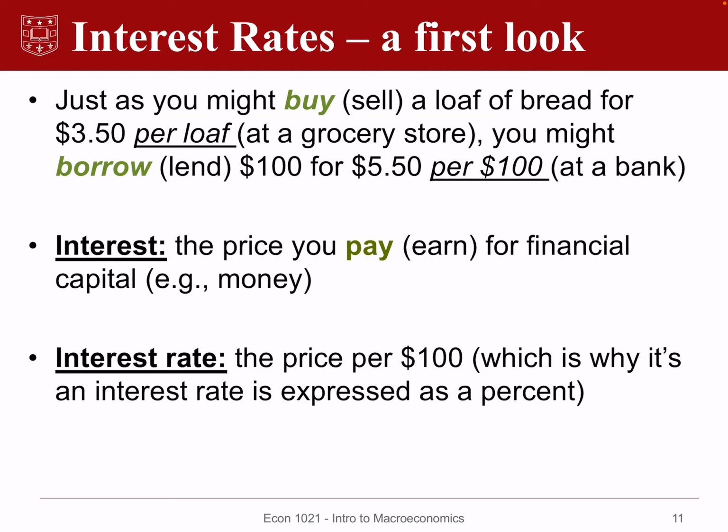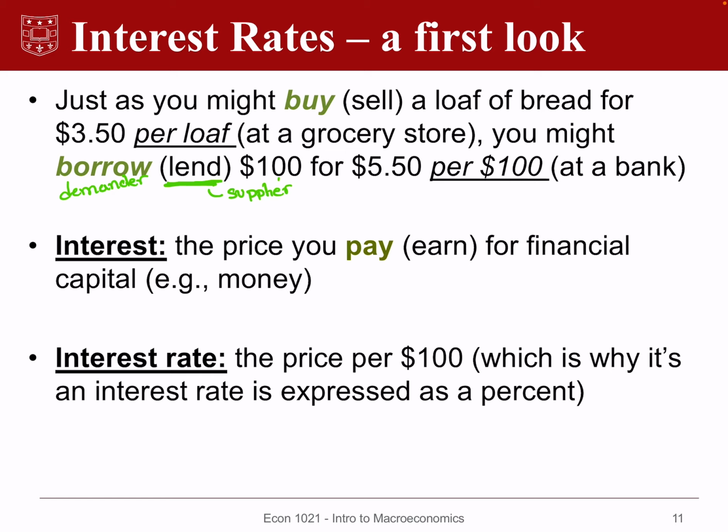And similarly, if you were a bread seller at the grocery store, you agree to sell a loaf of bread for $3.50 per loaf. If you're at the bank, you might agree to lend. So borrower is the demander side, like the buyer, and lender is the supplier side. So you might agree to lend, say, $100 for $5.50 per 100.